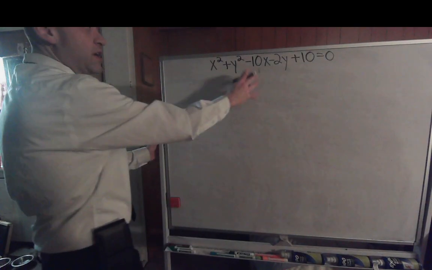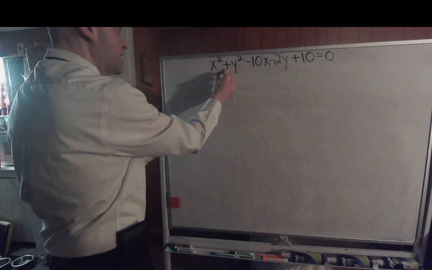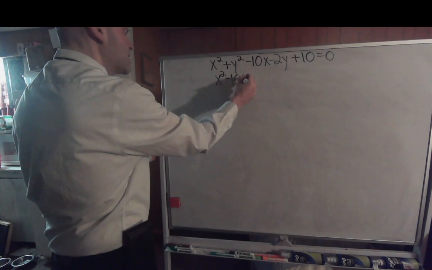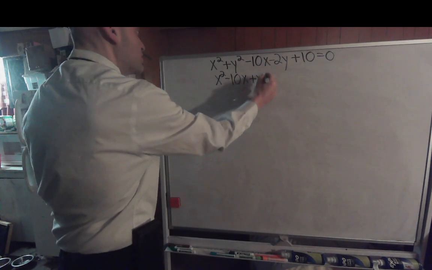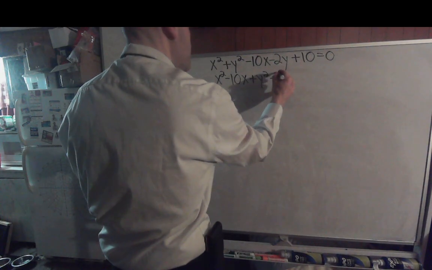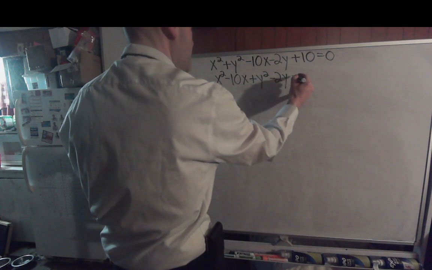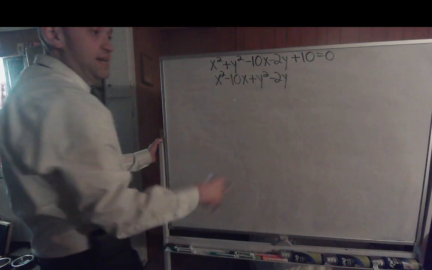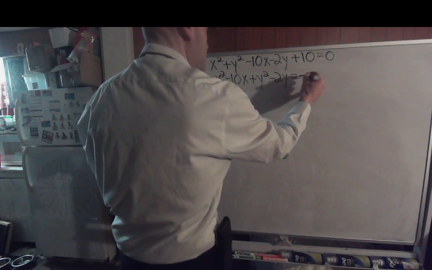Well, let's get our variables together first. So you'll have x squared minus 10x plus y squared minus 2y. Now get rid of that 10 out of the left-hand side. That'd be equal to negative 10.